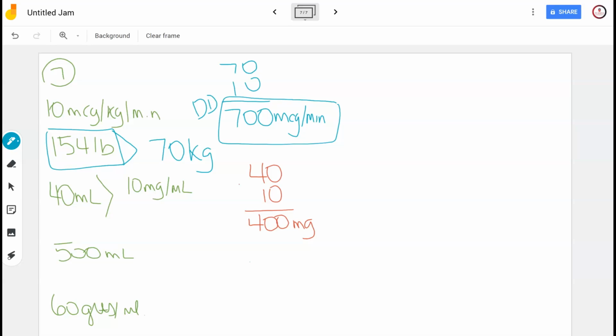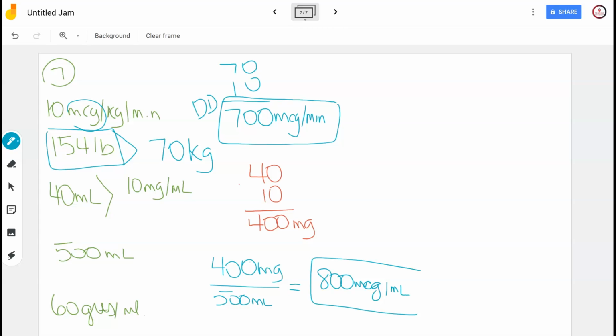So you want to find out micrograms though, right? This should look familiar, right? You have your 400 milligrams in a 500 milliliter bag. You have an 800 microgram per milliliter concentration. And this is your dose on hand.